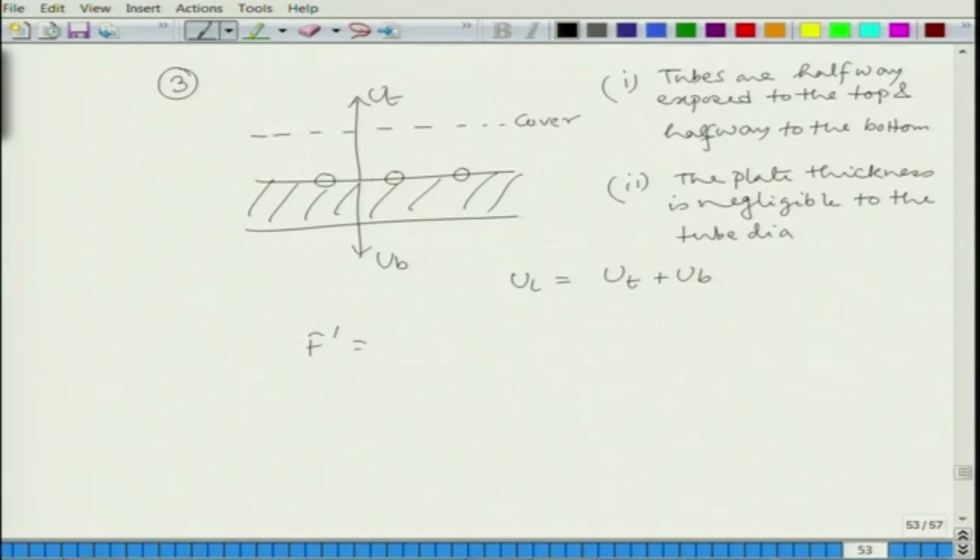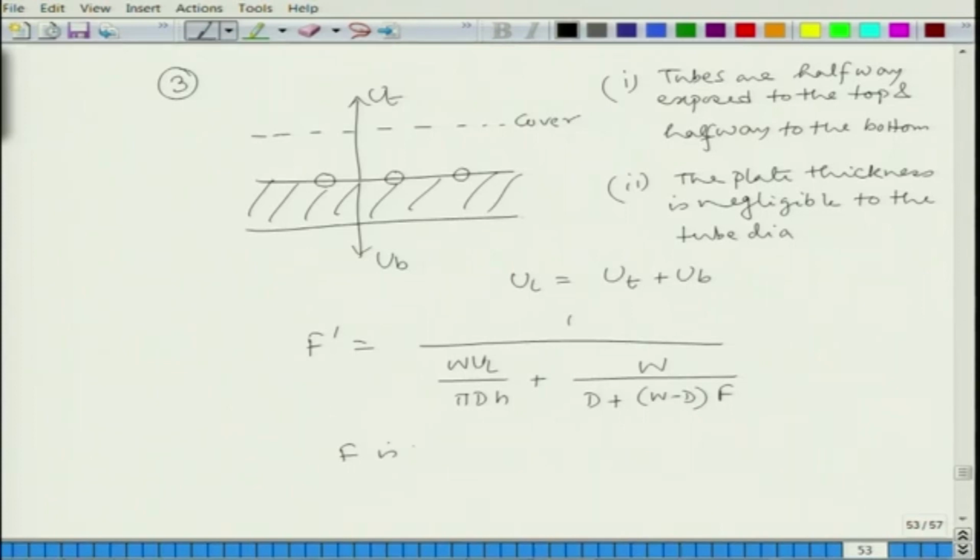And again you see the difference that you obtain in case of the collector efficiency factor F prime: pi d_i h plus W d plus W minus d into F, and F is same as in case of 1 and 2.